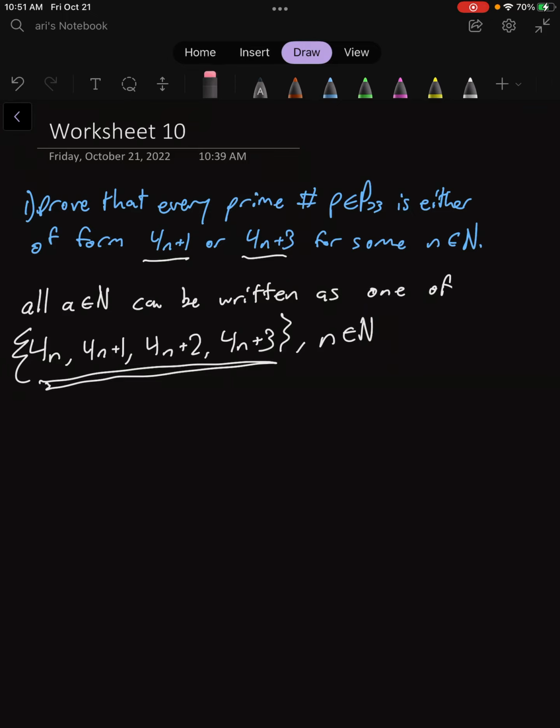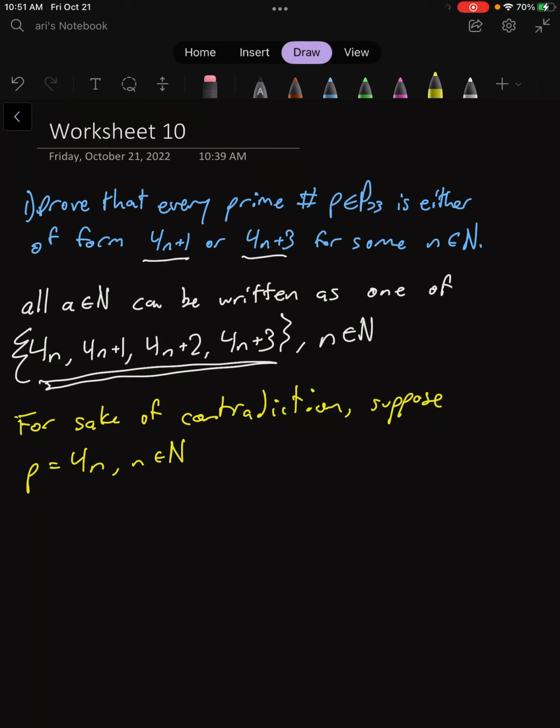And so we could say, for the sake of contradiction, suppose p equals 4n for some natural number n. So for the sake of contradiction, let's say that the prime is of the form 4n, then p divided by 4 equals n, and n is a natural number.